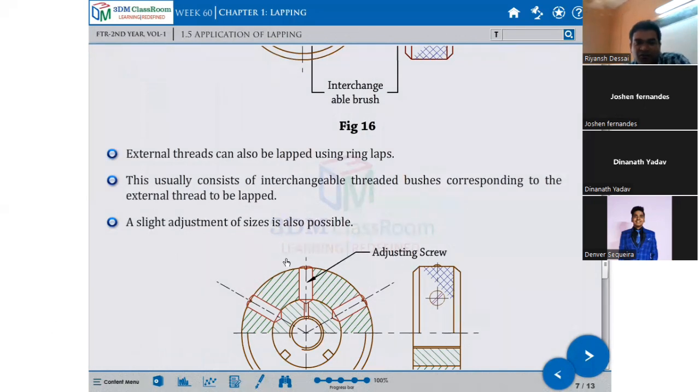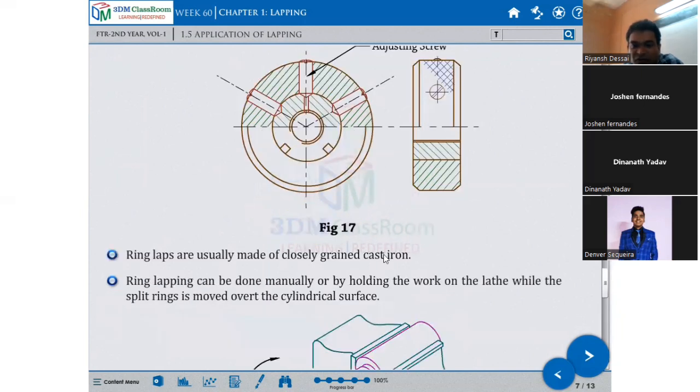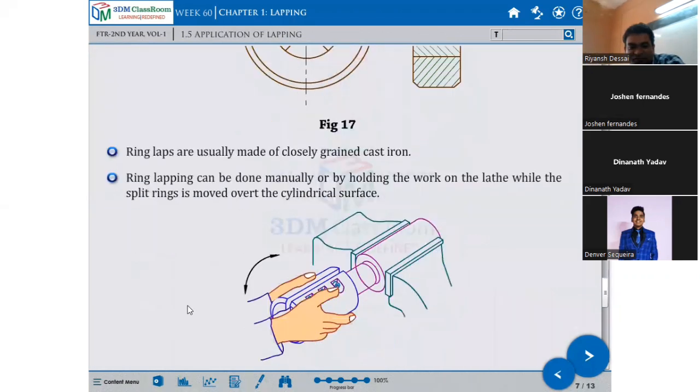A slight adjustment is possible in the process, through the adjustment screw here. Ring laps are usually made of close grain cast iron, and lapping can be done manually or by holding the work while the split ring is moved over the cylindrical surface.